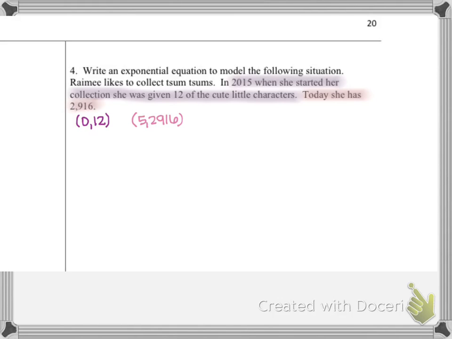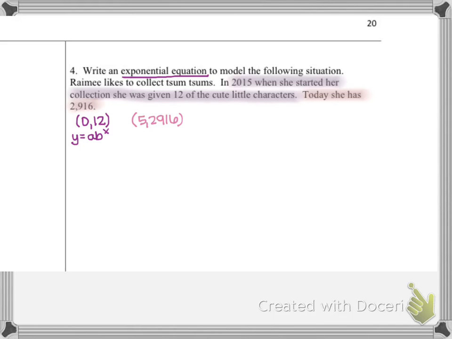So let's go ahead and write these guys. So for my purple equation, it does say that I'm going to do an exponential equation. All right, so we know the form of the exponential equation is going to be y equals ab to the x, or it could be n and t of n.